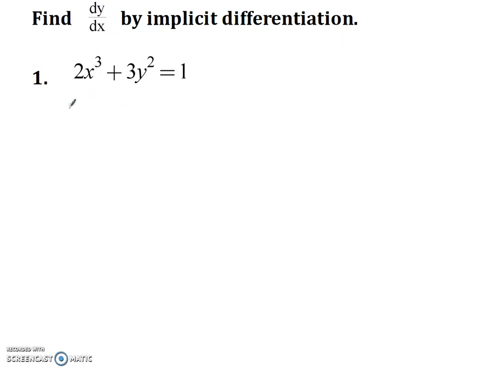So here I'm going to go term by term and just use my power rule. So this will be 6x squared. This will be plus 6y, but since this term had a y with it and I took the derivative, I'm going to put a dy/dx with it. And then the derivative of 1 is just 0. Now what we do is solve for dy/dx. So I'm going to subtract the 6x squared first.